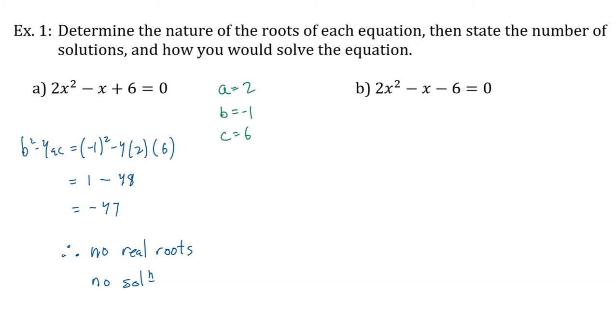I don't need to see that subbing in step. But I do need to say the b squared minus 4ac equals. Don't just write negative 47 because it's like, okay, yeah, you wrote a number. Good for you. What is that supposed to mean? Right? So you have to tell me what that number is, b squared minus 4ac. Or you could write me a whole paragraph if you want, since the discriminant is negative 47, which is like, you could do that if you want, but b squared minus 4ac equals negative 47. Therefore, no real roots, no solution.